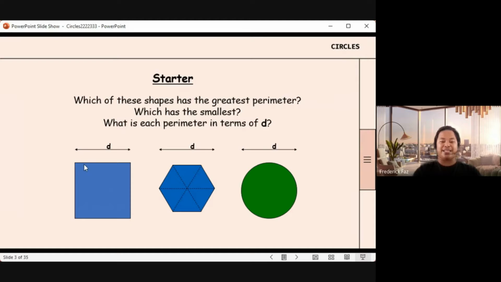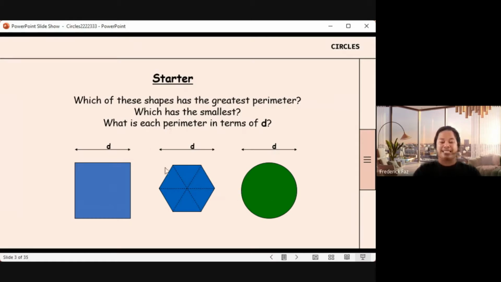If one side of the square measures or is represented by D, and in this shape, the length of D is from this point up to this point. And this length D here represents the diameter of this circle.